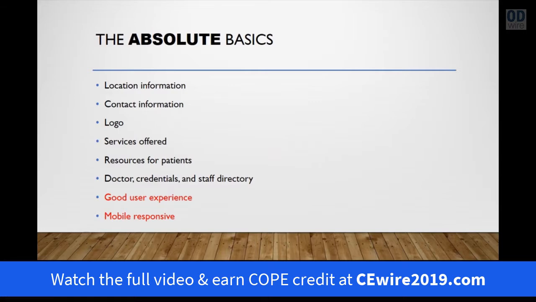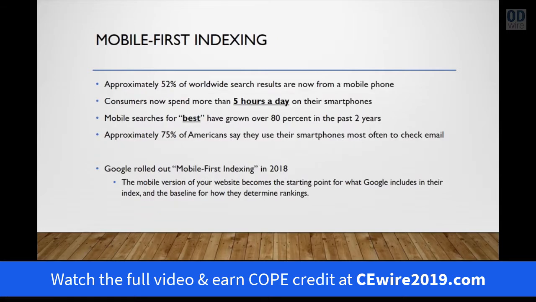Now, as you may have heard, Google rolled out mobile first indexing several months ago, back in April of 2018. What it basically determined was that they used a website's mobile appearance and whether it was mobile safe and mobile responsive to determine if it was going to rank well in their search results. This is really important.